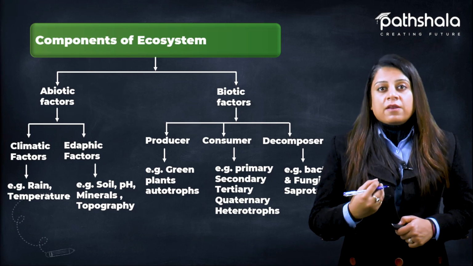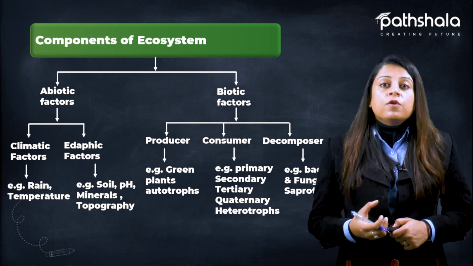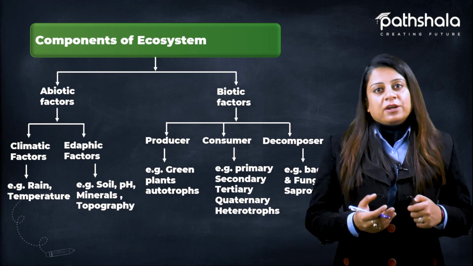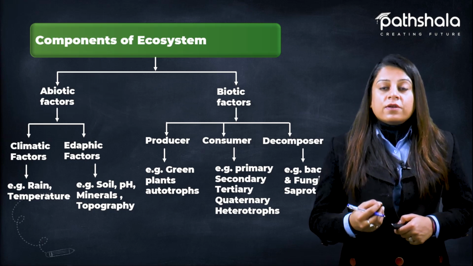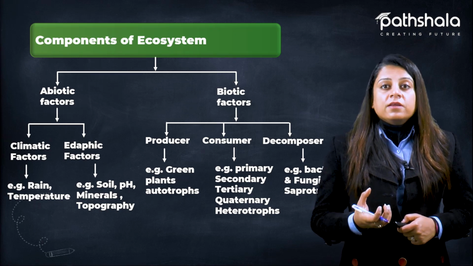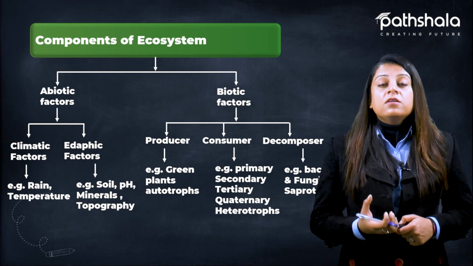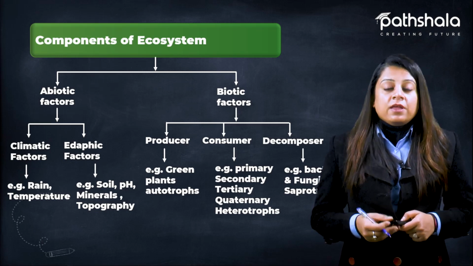Talking about the secondary consumers. Secondary consumers are those consumers which are indirectly dependent on the plants. And the next are the tertiary or the quaternary consumers. The tertiary or the quaternary consumers are the carnivores. They are basically the large carnivores that eat small carnivores.